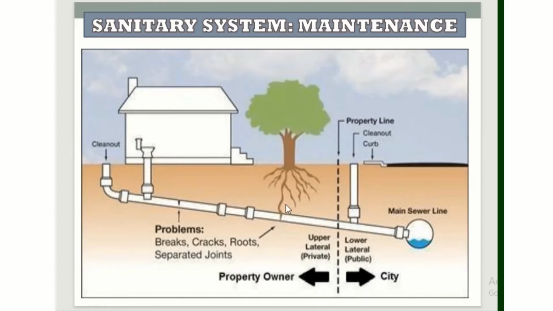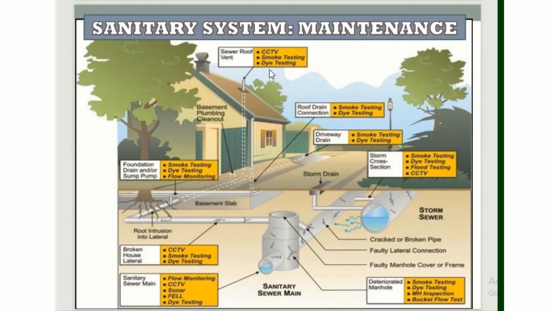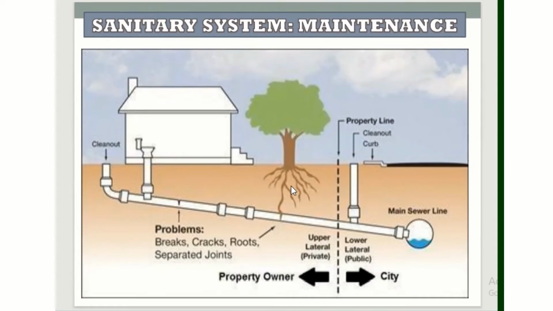Okay. And then the second one is dye testing. Dye testing is similar to smoke testing, but it uses water and dye. Dye is color. It doesn't matter blue, red or green, but it is color like food coloring. Okay, so they will put the dye in here, the color in here.